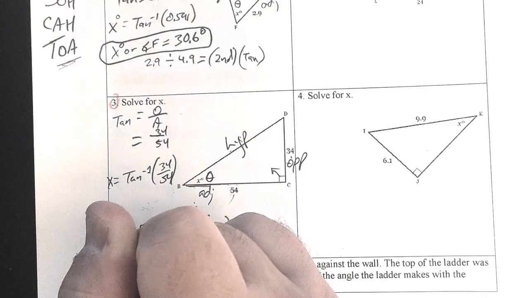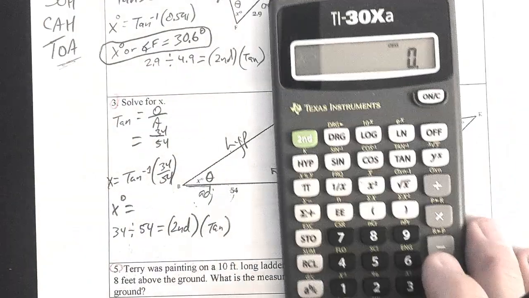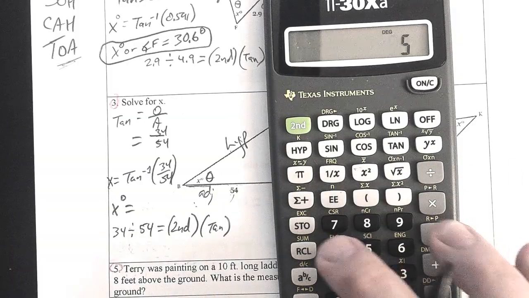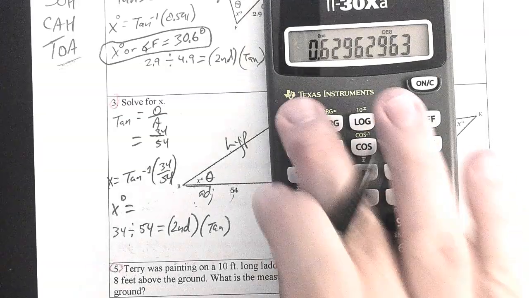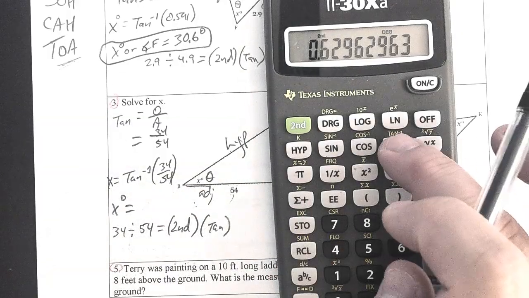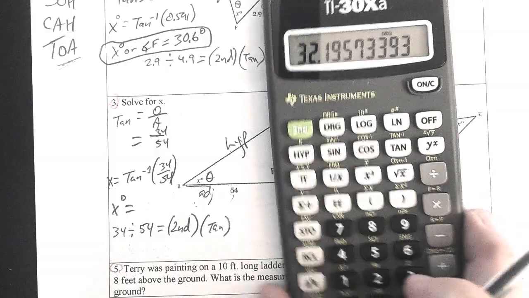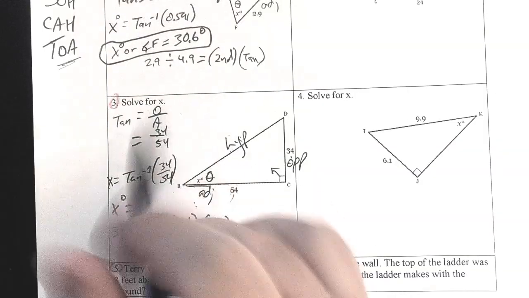So x degrees equals 34 divided by 54, so it's 0.629, so basically 0.63, and remember, it says second and tangent. So 31.19 rounds up to 32. I'm sorry, 32.19 rounds up to 32.2.